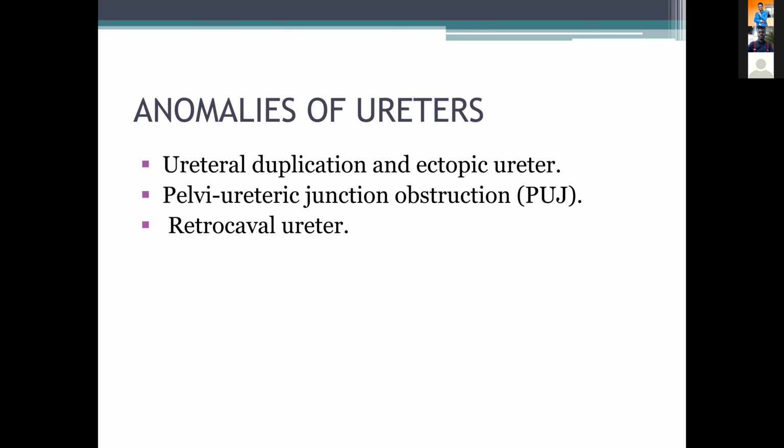And if you remember the course of the ureter, it should not at any point cross posterior to the vena cava. But in this congenital anomaly, you have the ureter crossing behind the vena cava. And of course, that causes obstruction.